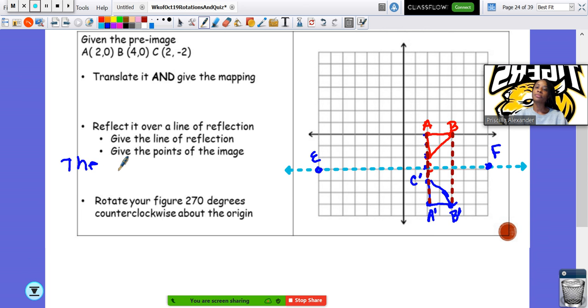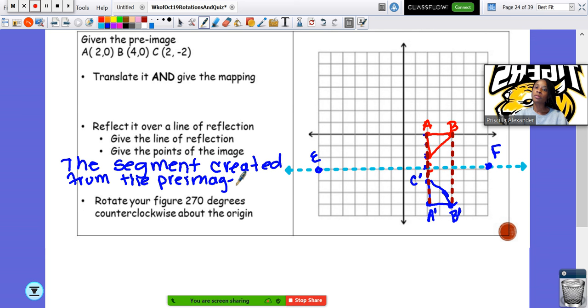The segment created from the pre-image to the image will always be, and I'm writing shorthand, perpendicular to the line of reflection.